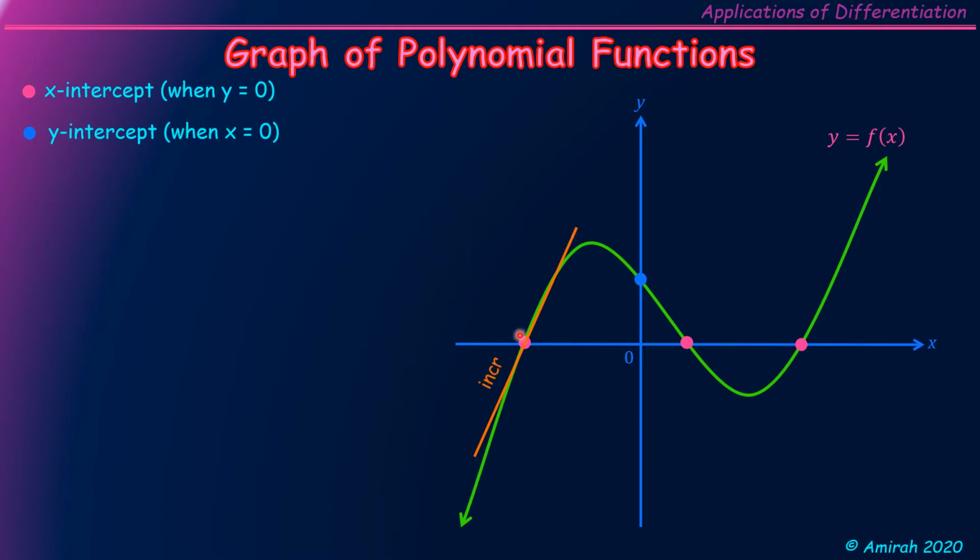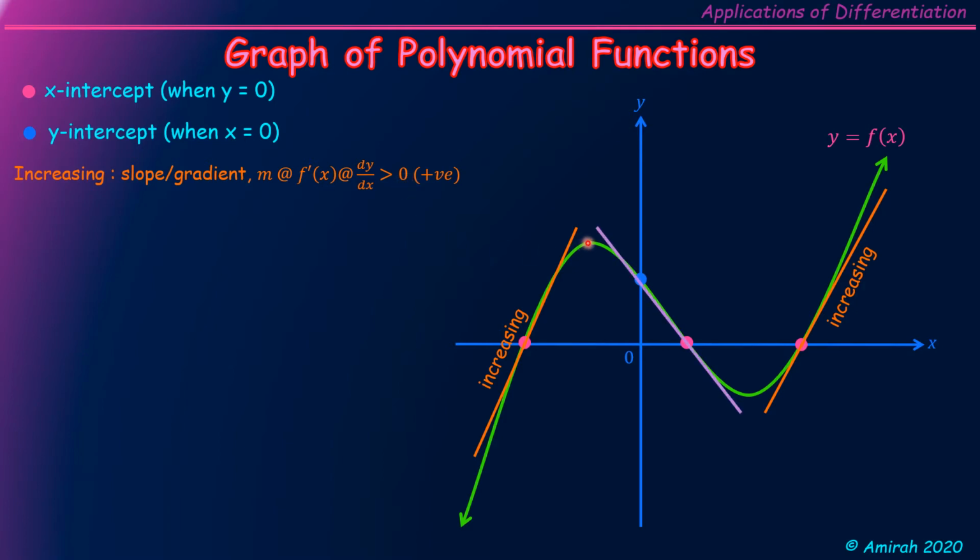And look at this line. This line is uphill. This is called increasing, and this is also uphill and also called increasing. Increasing happens when the slope or gradient or m or first derivative has positive value or greater than 0.